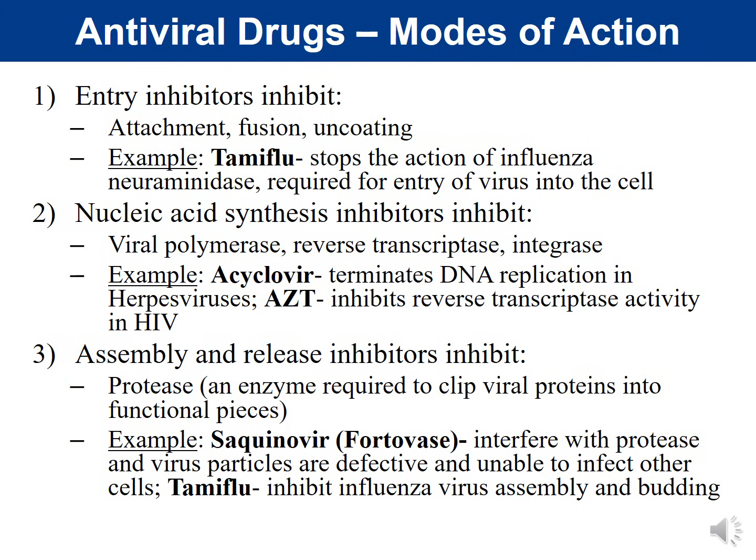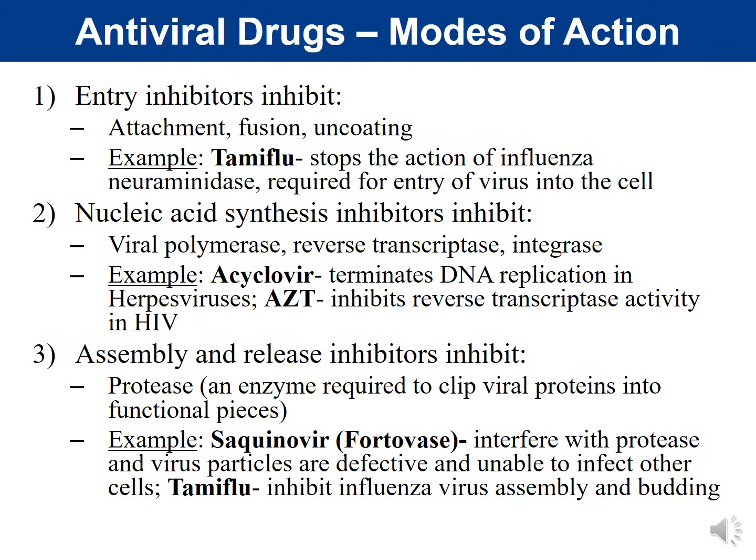Acyclovir is used for a herpes outbreak, and this works by terminating DNA replication in herpes viruses. AZT is a type of drug used for HIV, and it is used to inhibit reverse transcriptase. And so by inhibiting reverse transcriptase, the virus no longer can go from RNA back to DNA and can't continue to replicate and produce new virus particles.